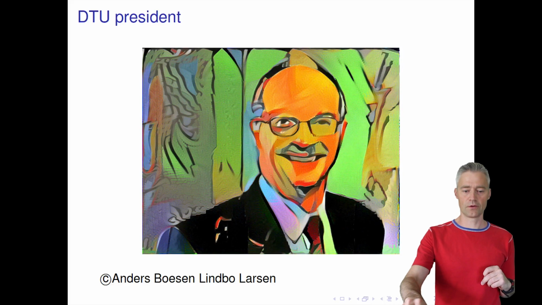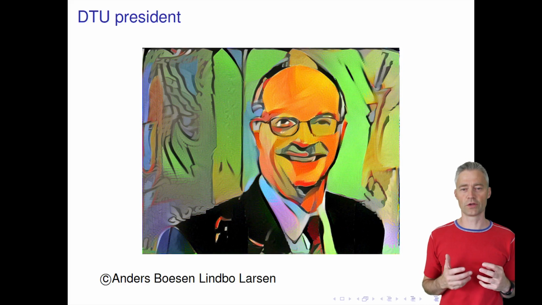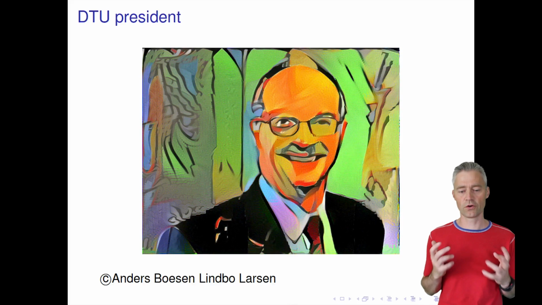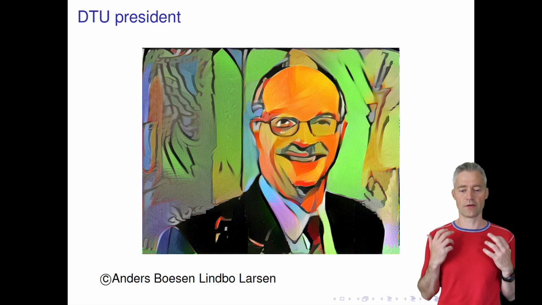And of course this is something you can use as a present for your mother: you can take a photograph of her, and then apply a Van Gogh style if that's her favorite artist, and then she will actually get a Van Gogh painting.